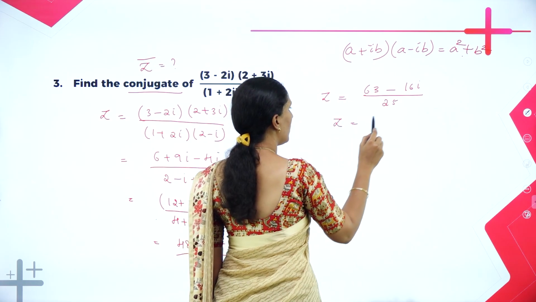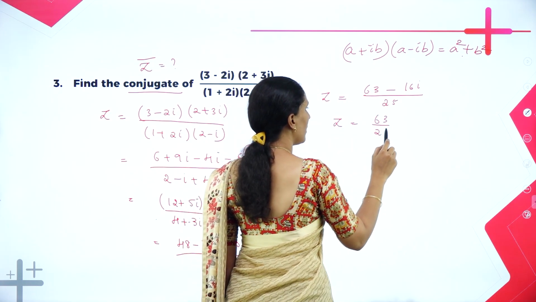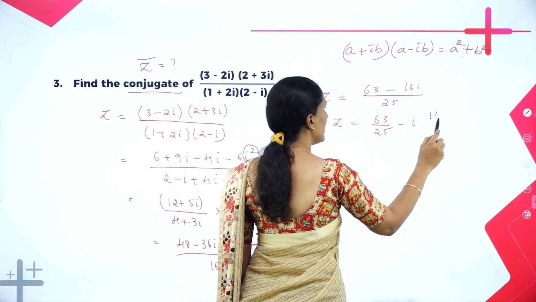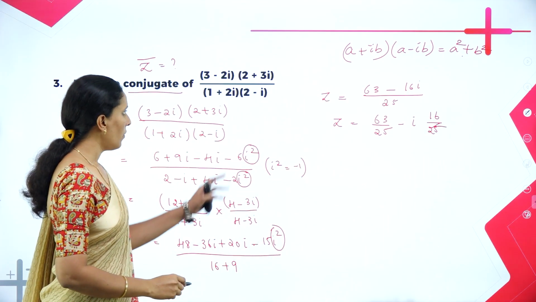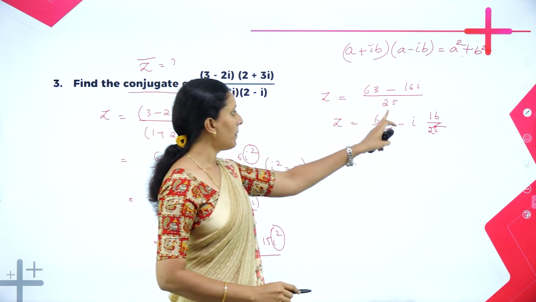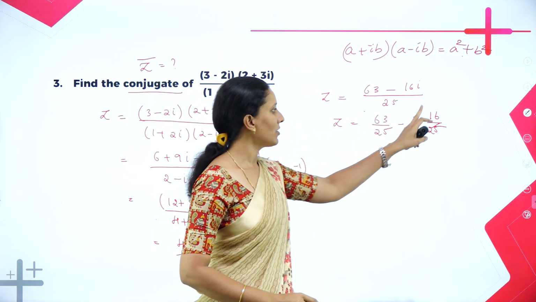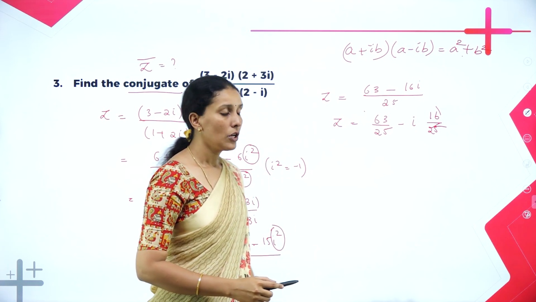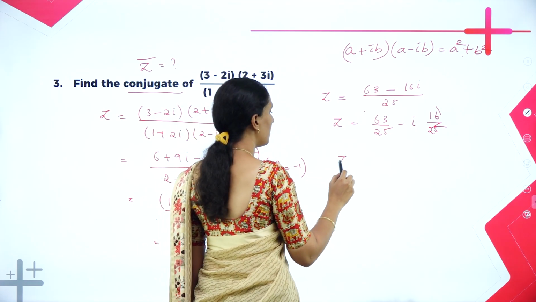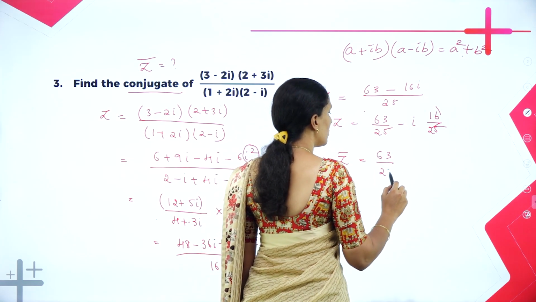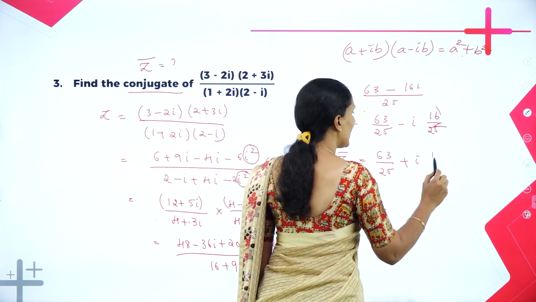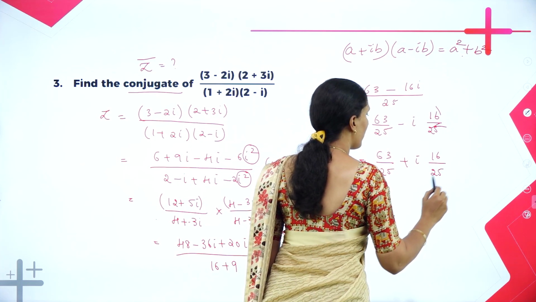So z is equal to 63 by 25 minus i 16 by 25. So this is our z now. Now if this is z, real part is 63 by 25, imaginary part is 16 by 25. So what is the conjugate of this number? So therefore z bar is 63 by 25 plus i into 16 by 25.